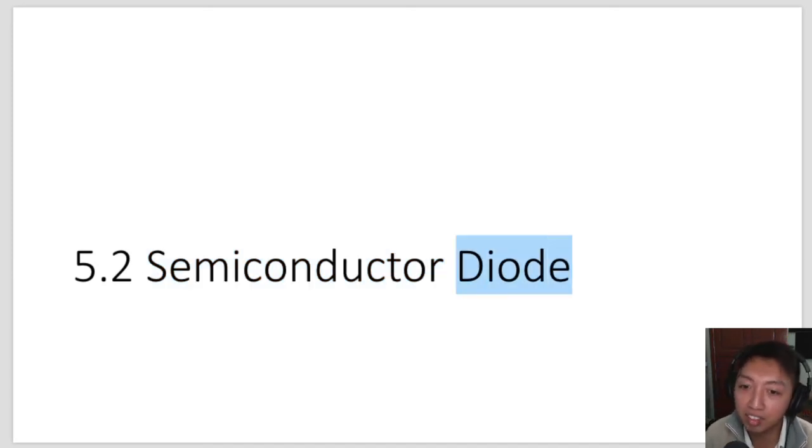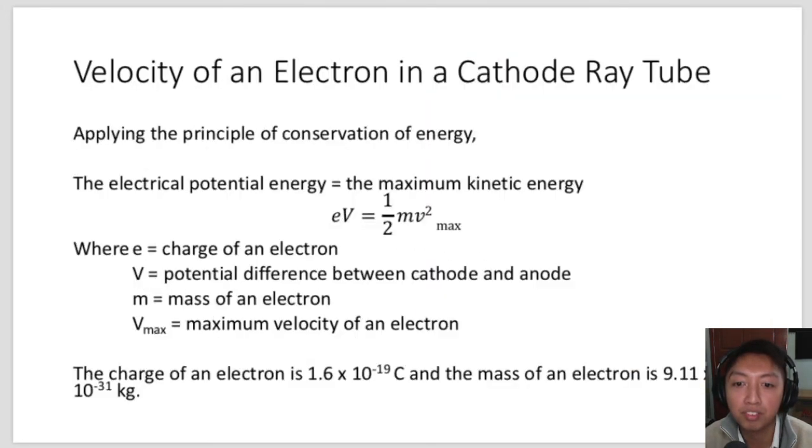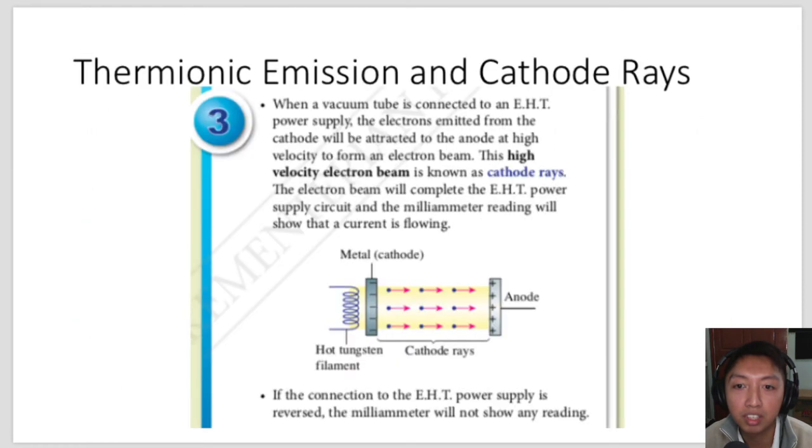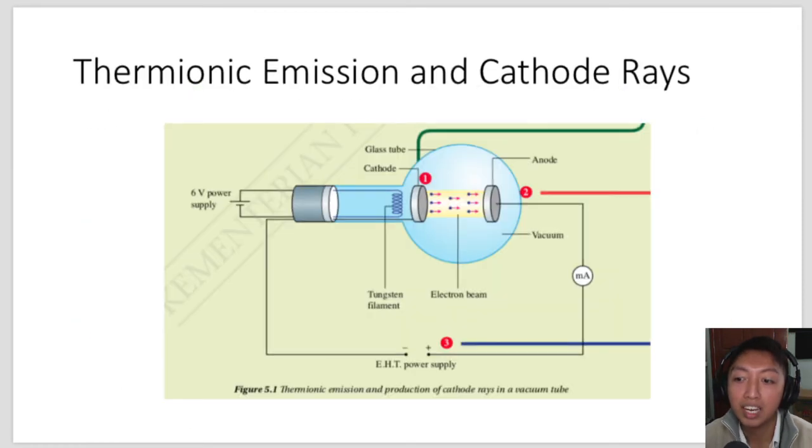Now, the other thing is a diode. What is a diode? Well, actually, the thing that we took a look at earlier, this thing here, is actually a type of diode. Remember what I told you?